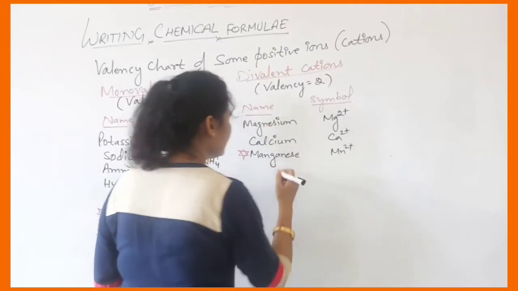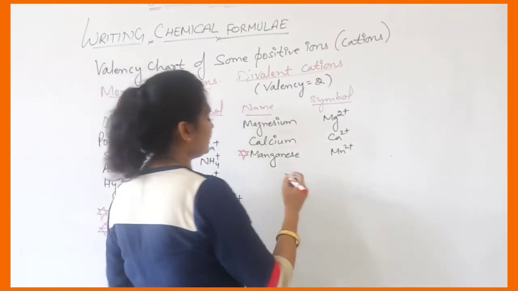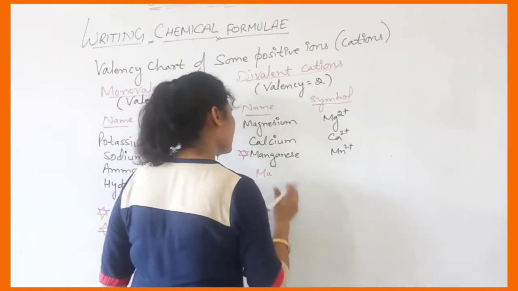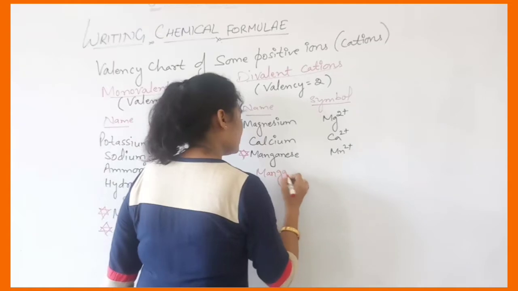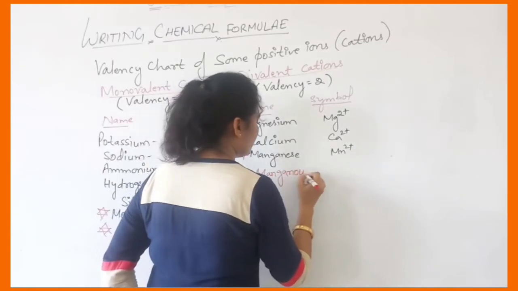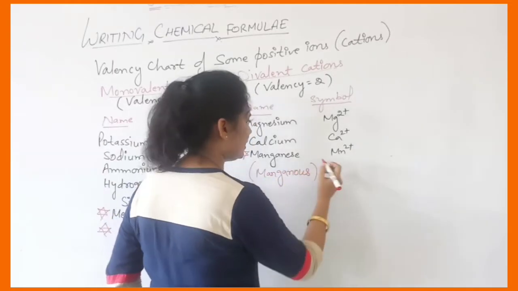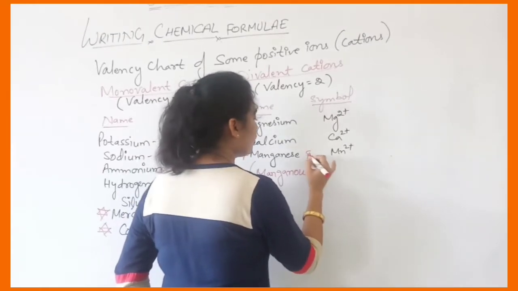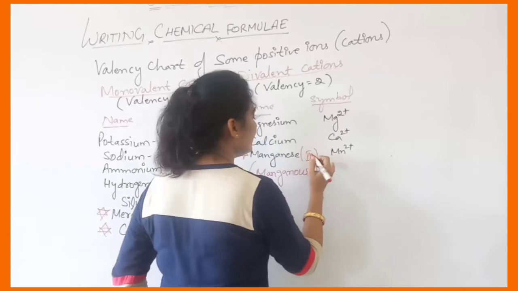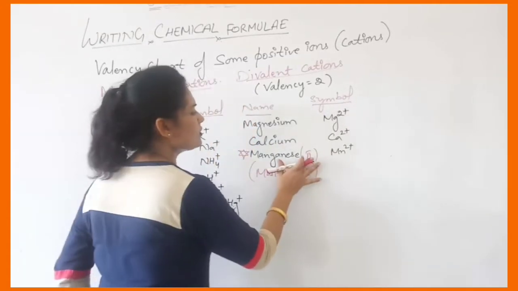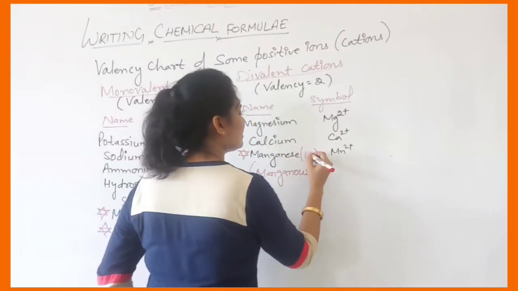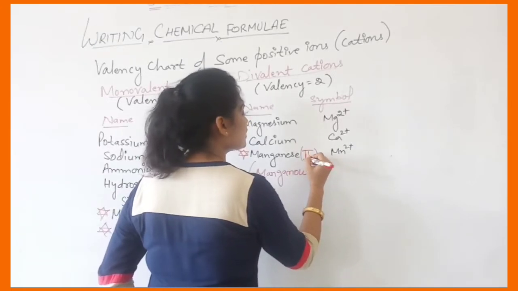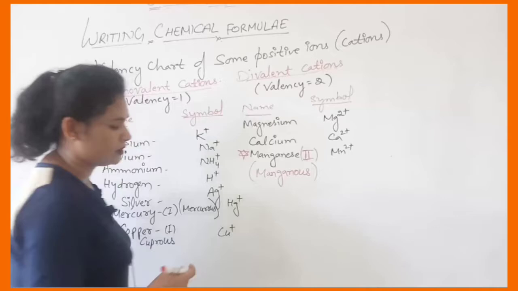So we can write the name of the cation manganous, and in front of the element we will write its valency in Roman numerals. Its valency is 2 and 4.